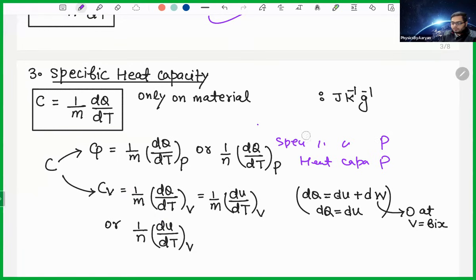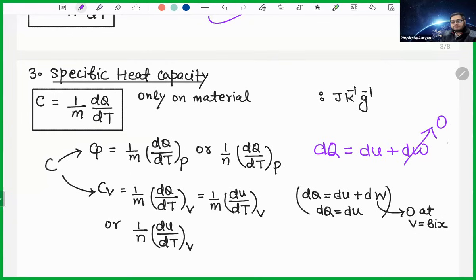Now, first law of thermodynamics. I'm not explaining the first law, I'm just using it as a side note. The first law of thermodynamics is given by dq, heat, equals change in internal energy plus work done. If the volume is constant, then work done is zero, because work done is given by PdV. If the volume is not changing, work done is zero. In that case, dq becomes du. So is this formula correct?